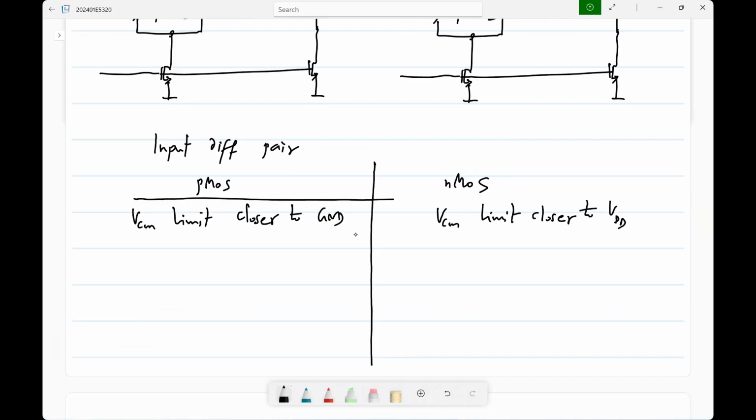There is also another reason, which is different. It turns out that in most, at least longer channel processes, the flicker noise of PMOS is lower than the flicker noise of NMOS. But this is not a universal rule. Flicker noise is not a fundamental phenomenon, right? It also depends on details of the foundry and so on.